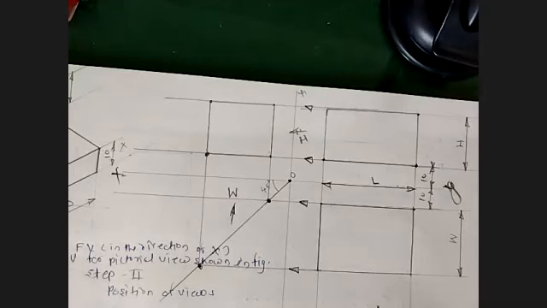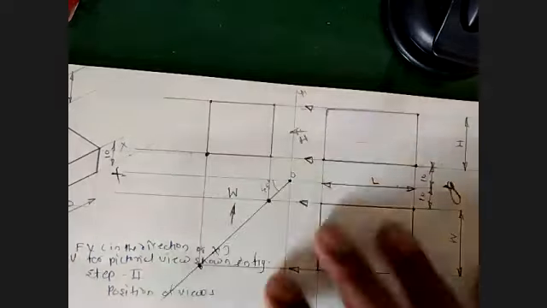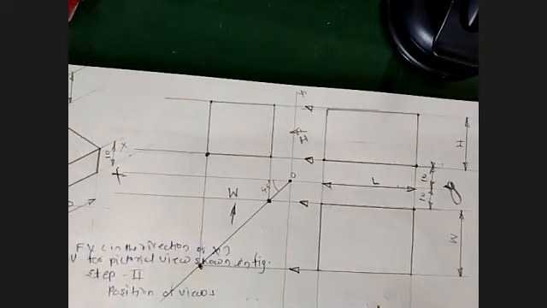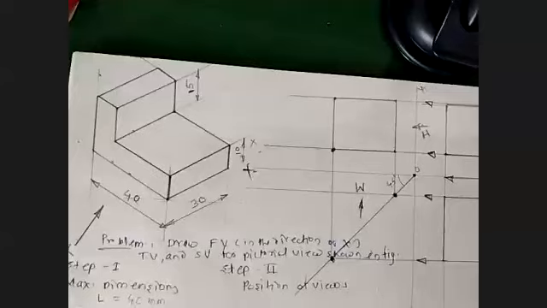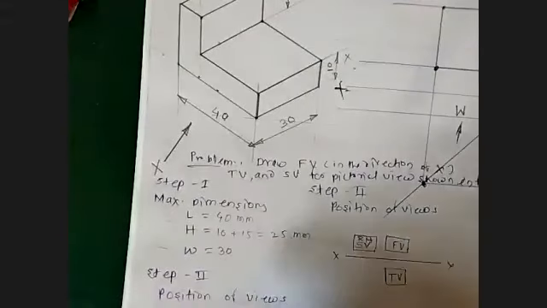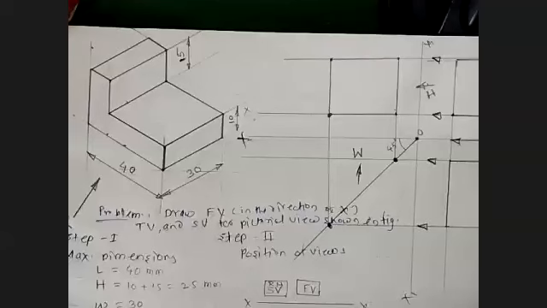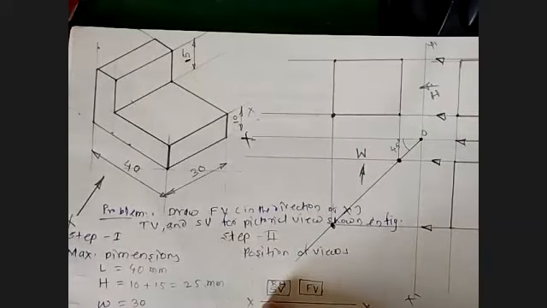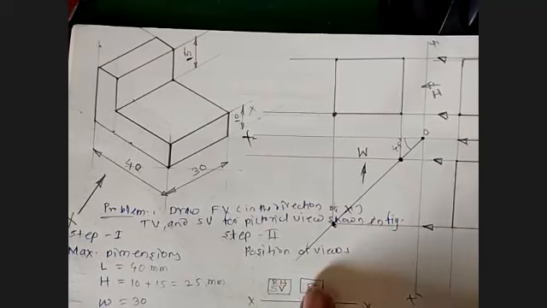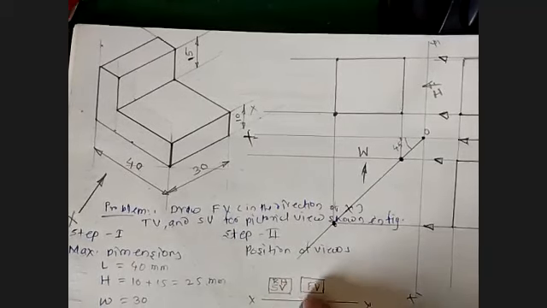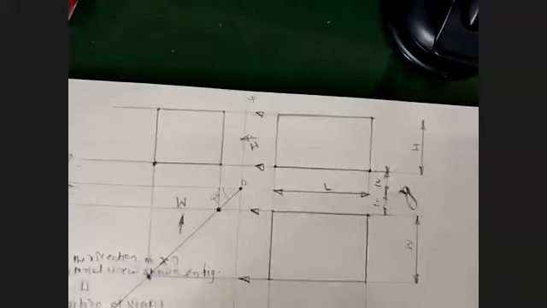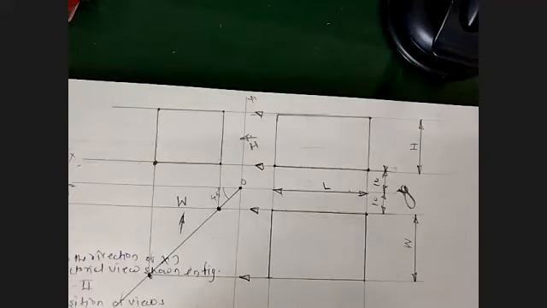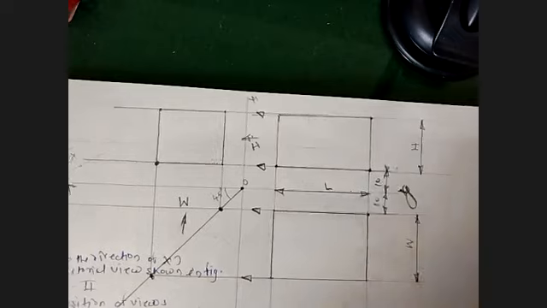So this is what we can say, marking the boundaries for given dimensions by taking care of these two steps. Maximum dimensions, yes, we have considered maximum dimensions in boundary marking of front view, top view, and side view. Then we also considered the position of side view with respect to front view, and accordingly we have done it. Okay, so you have to do this carefully.